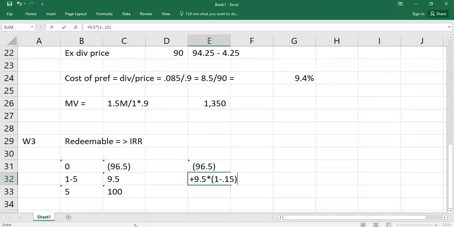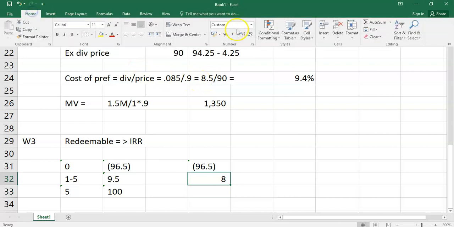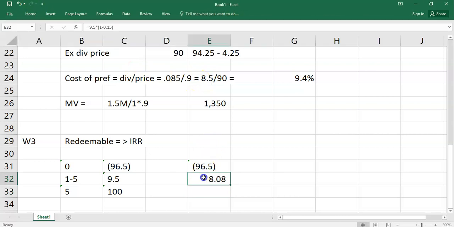Because technically it's going to cost less to the company because interest on debt is tax deductible. Dividends on preference shares are not tax deductible. That's why you don't multiply by 1 minus t here. So I'll just adjust that. So that's 8.08, and the 100 does not change at the end. So that's your year 0 cash flow. That's your year 1 to 5, and that's your year 5.